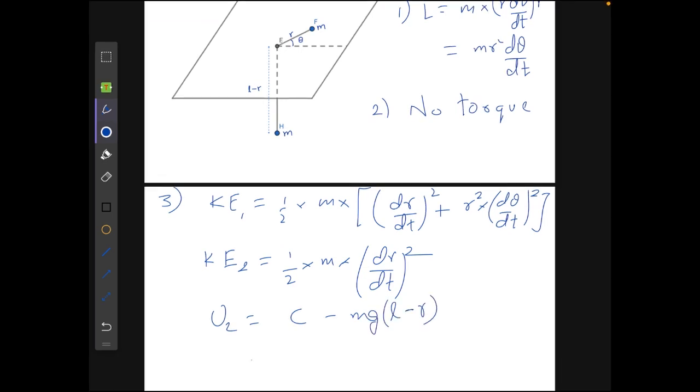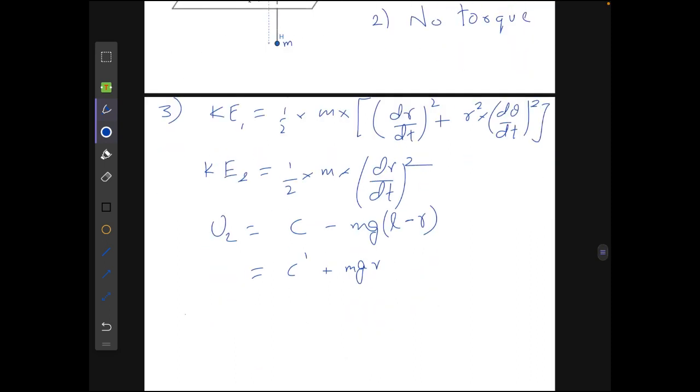Okay, and this can be written as some constant c prime plus mgr. Here we are not interested in the constants, so ignoring them, the total energy we get is E equals m times dr by dt whole squared plus gr plus r squared by 2 times d theta by dt whole squared.